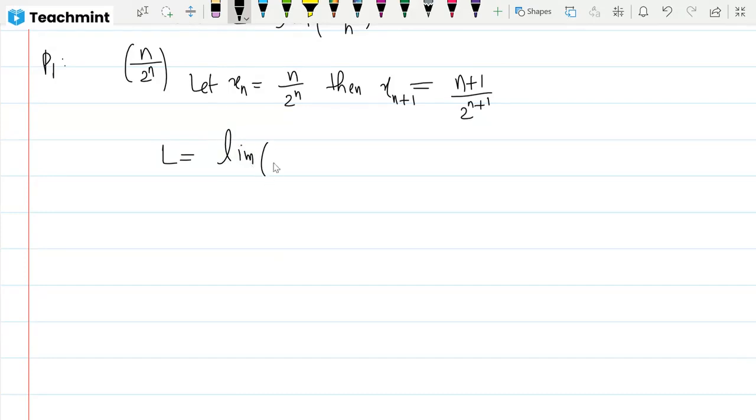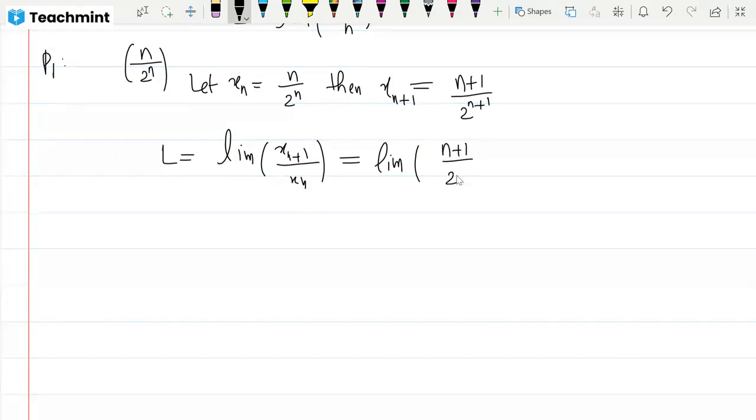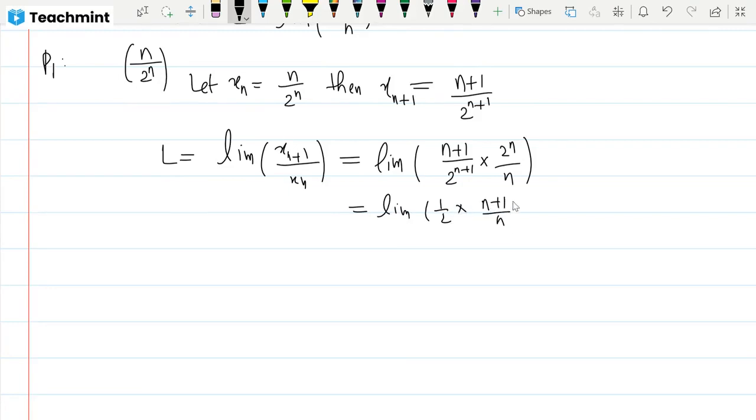We have to take xn plus 1 over xn. So this equals the limit of n plus 1 by 2 power n plus 1 into 2 power n over n. So this equals the limit of 1 by 2 into n plus 1 by n.